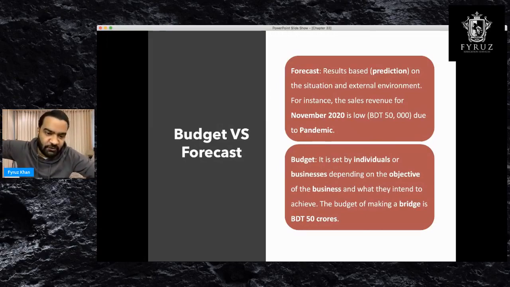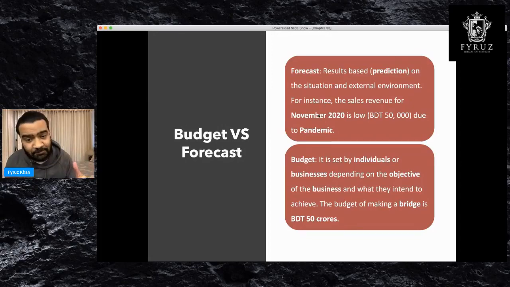So my prediction for November, December, January, February, the sales for those months was very low because we had the pandemic. So I'm looking at the external situation, external environment. It may be because of pandemic, it may be because of recession. So that is forecast, results based on the situation and external environment, right?